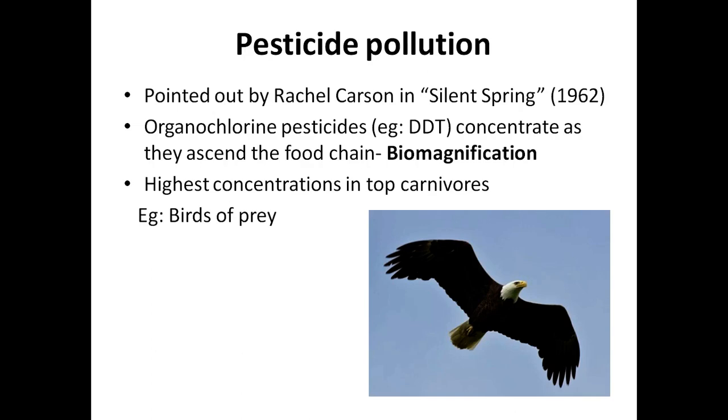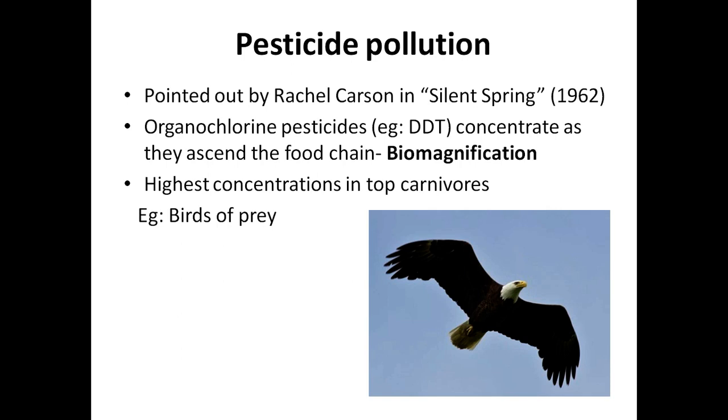Another aspect of habitat degradation is pesticide pollution. As pointed out by Rachel Carson with her book Silent Spring, DDT can cause some serious issues with birds through biomagnification. Biomagnification is the increase of the concentrations of pesticides such as DDT through the food chain.